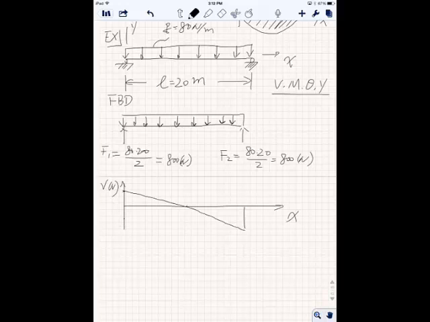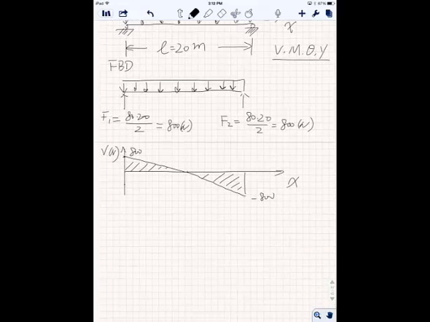Here is 800, and over here is negative 800. I didn't draw to scale very well, but you get the idea, right? Because dV divided by dx equals q, which in this case is minus 80, because all the shear force goes downwards.